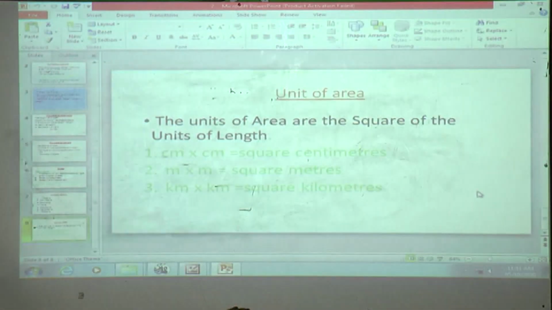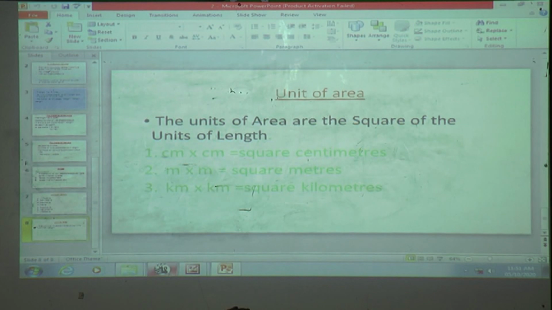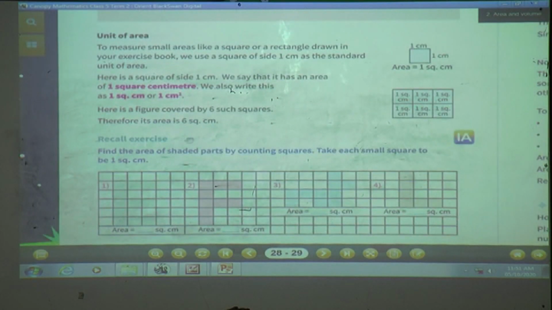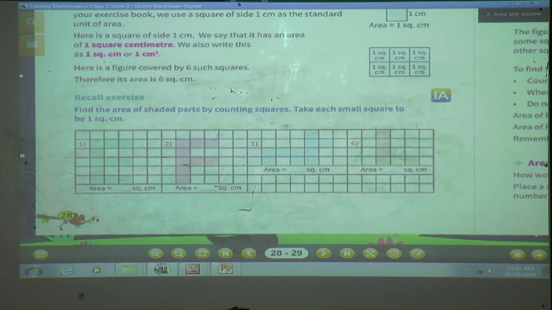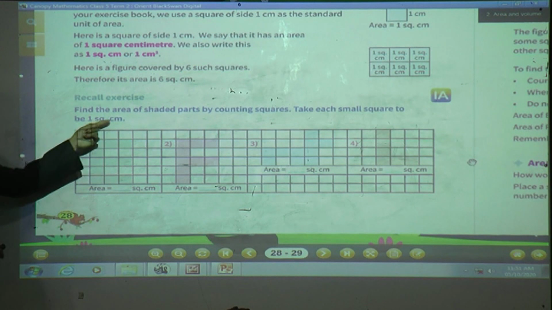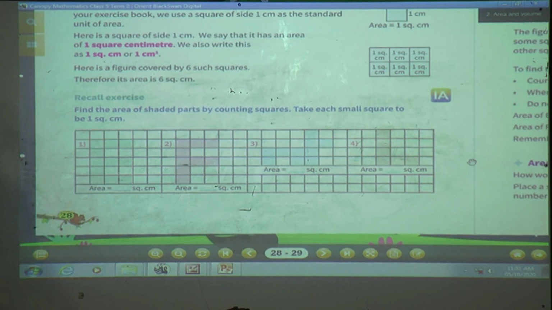Now we'll see our next one, the recall exercise. Find the area of the shaded parts by counting squares. Take each small square to be 1 centimeter. The measurement of each square is 1 centimeter, and we just have to count.